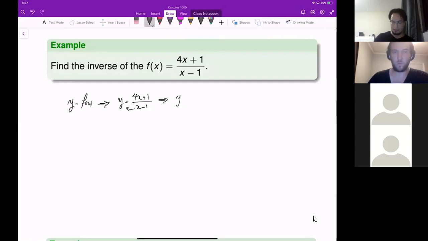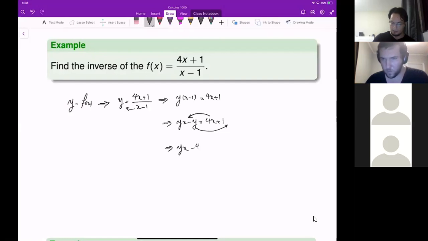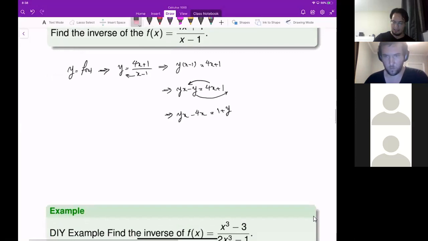Multiply this to the other side, then multiply these. I want to bring all the x's to one side and all the y's to the other side. So yx minus 4x equals 1 plus y. Then you factor out x: this is y minus 4, this is 1 plus y. So x is 1 plus y over y minus 4.